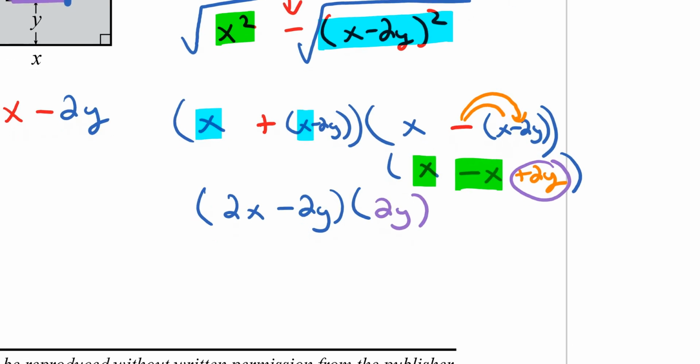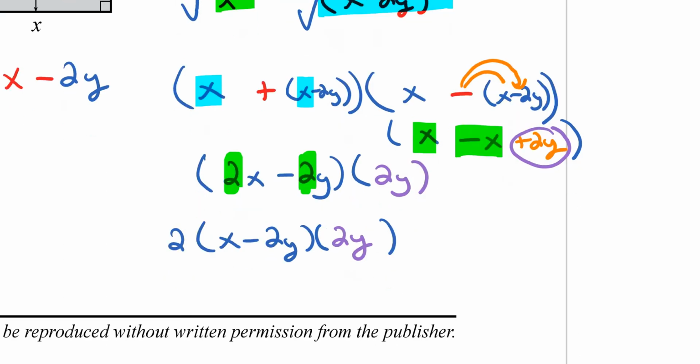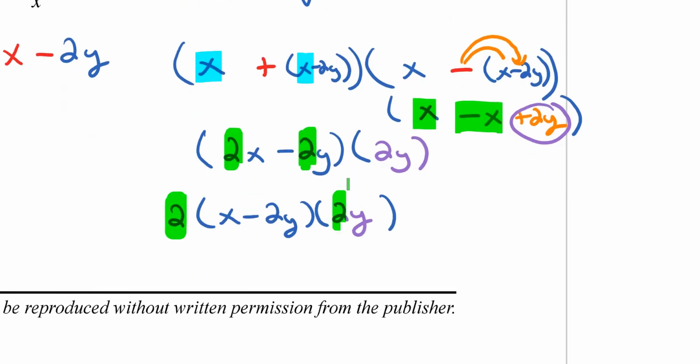Okay, that's good so far. One more thing you can do is there's a 2 and a 2 there, so if you want to factor that out, you can. And there's a 2 here and a 2 here, so 2 times 2 is going to be 4, so 4y and x minus 2y.